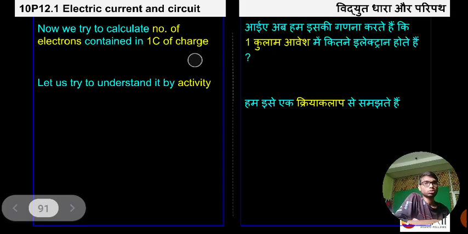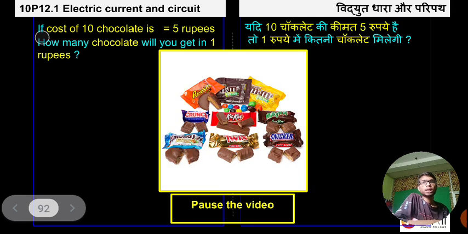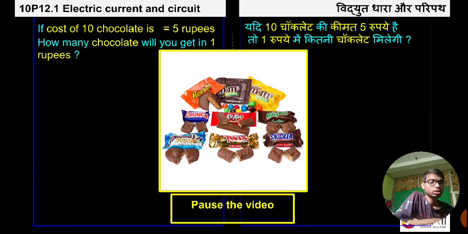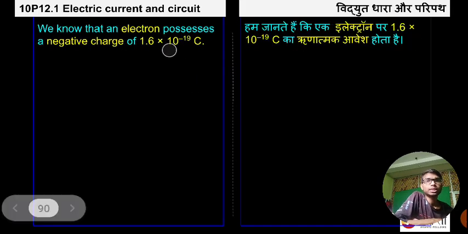Let's understand by an example. If the cost of 10 chocolates is 5 rupees, then one chocolate will cost how much? 0.5 rupee. Similarly, we are saying one electron contains this much coulomb.